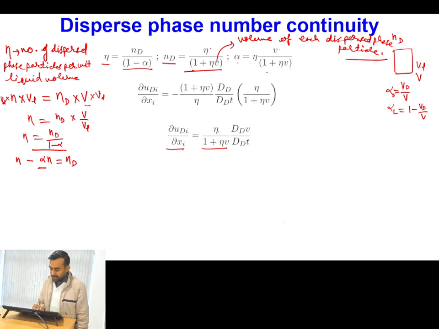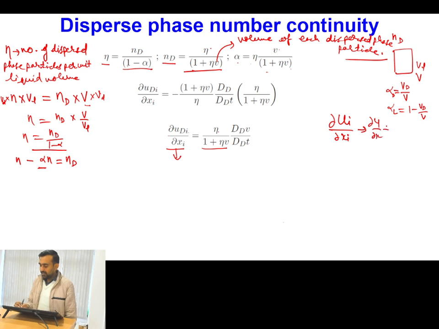So del u di by del xi equal to eta by 1 plus eta v into d by dt of v. So what is this? Can you tell me what is del u by del xi? From basic fluid mechanics, what is del u by del x plus del v by del y plus del w by del z?